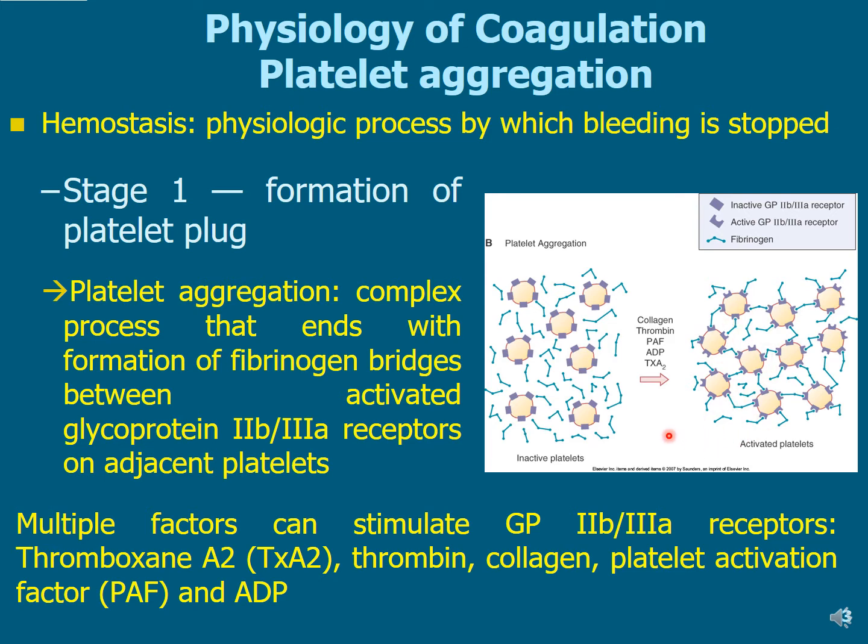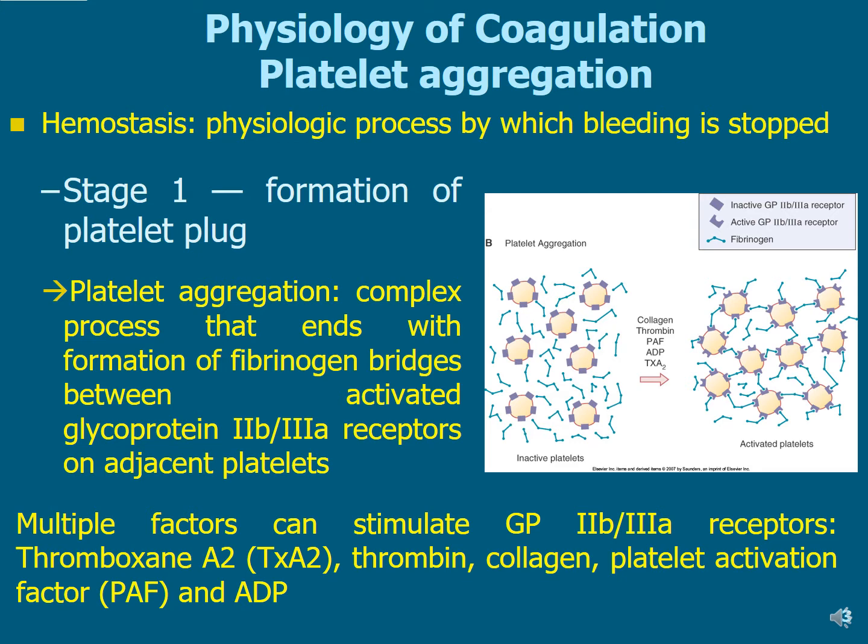So the first step is the formation of those fibrinogen bridges between the activated receptors on adjacent platelets to create a platelet plug. As I mentioned, there are multiple factors that can stimulate those receptors.